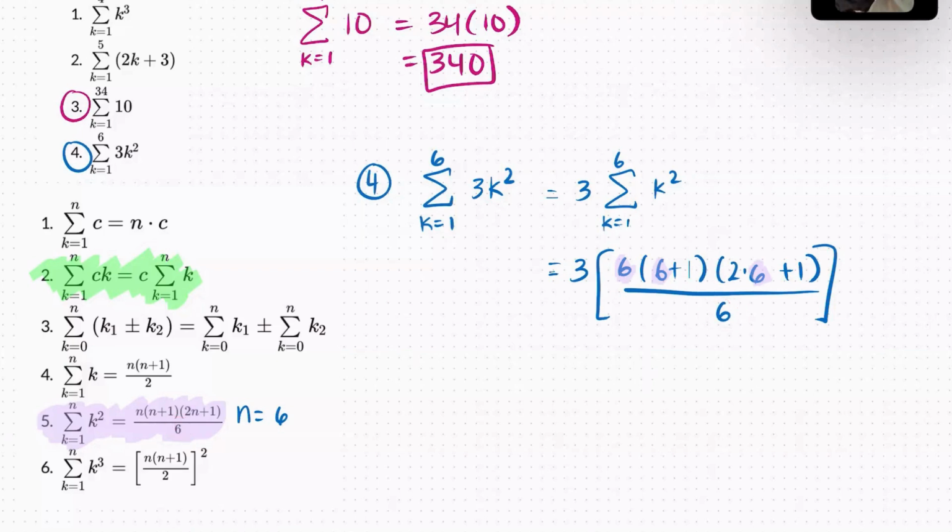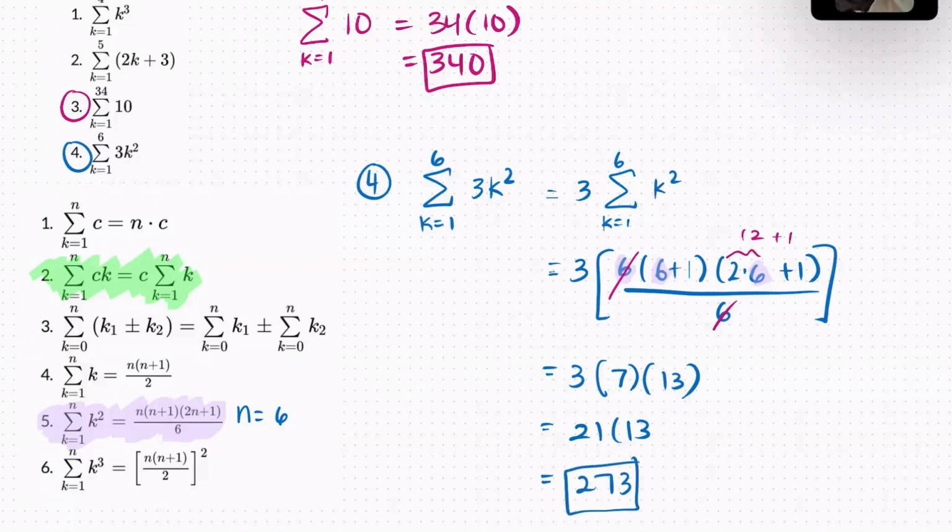However, I'm going to use that to my advantage and cancel those two out so I don't have a denominator anymore. So I have 3 times 7 times 2 times 6, which is 12, plus 1 is 13. Which gives me 21 times 13, and 21 times 13 gives us 273. That's it. All right, I'll see you later.